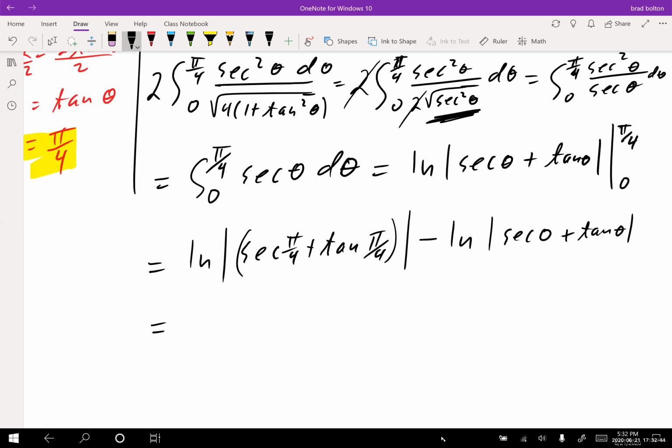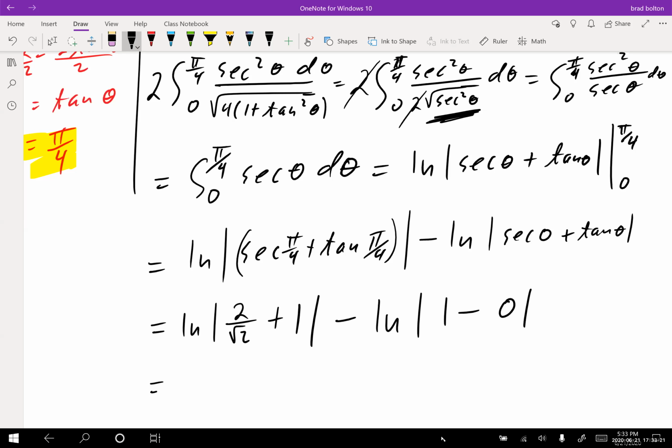Secant is 1 over cosine. 1 over cosine would be the reciprocal of square root 2 over 2, so it would be 2 over the square root of 2. So the natural log of 2 over the square root of 2 plus 1, because the tangent of pi fourths is 1, minus the natural log, secant is 1 over the cosine, so this would be 1, plus the tangent of 0, which is 0.